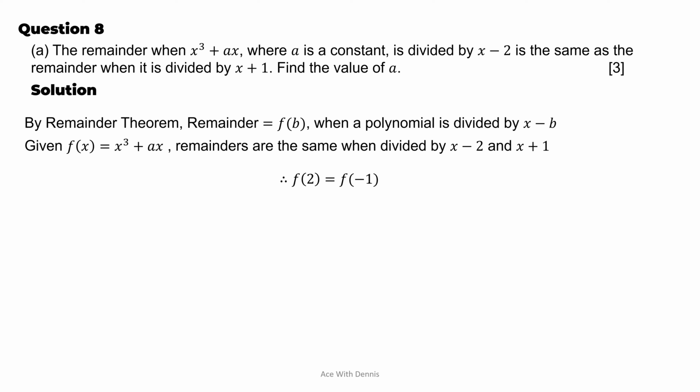Therefore, f(2) equals f(-1). Then we substitute the values x is 2 and negative 1 for both sides. We get 2 cubed plus a times 2 equals negative 1 cubed plus a times negative 1. So we get 8 plus 2a equals negative 1 minus a. Then we solve this equation. 3a equals negative 9 and a is negative 3.